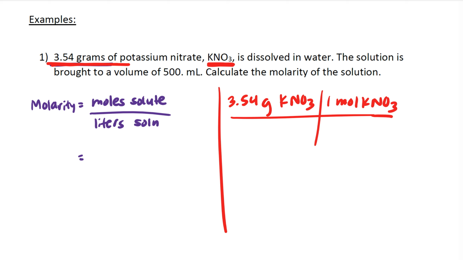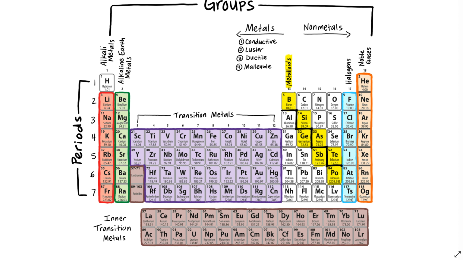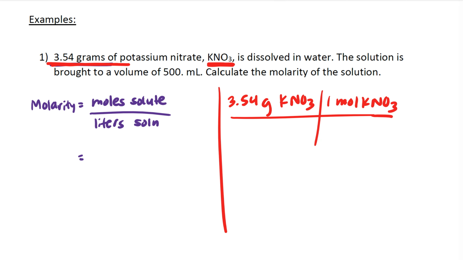We know that 1 mole of potassium nitrate is going to be equal to the mass of 1 potassium, 1 nitrogen, 3 oxygens, all added together, and I'm going to be looking at the periodic table for the masses of each one of those elements. So I calculate the molar mass, and I get a molar mass of 101.11 grams KNO3.